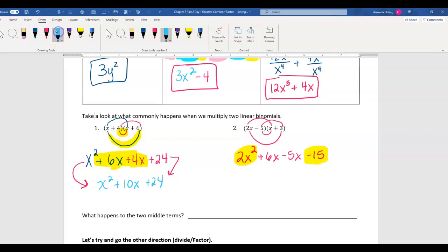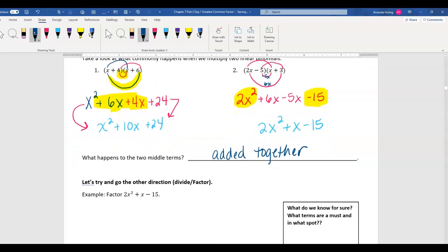Those are not going to be added together, okay? What's going to be added together is what's in the middle there, okay? And that comes from, and will always come from, this little negative 5x in here and 6x here, okay? That little nose and that mouth, okay? Because those two middle terms get added together, correct? Anytime we have a linear binomial times a linear binomial, those two terms are going to be added together.